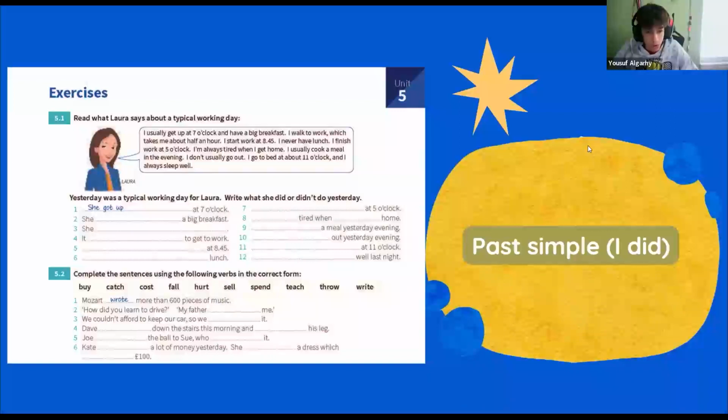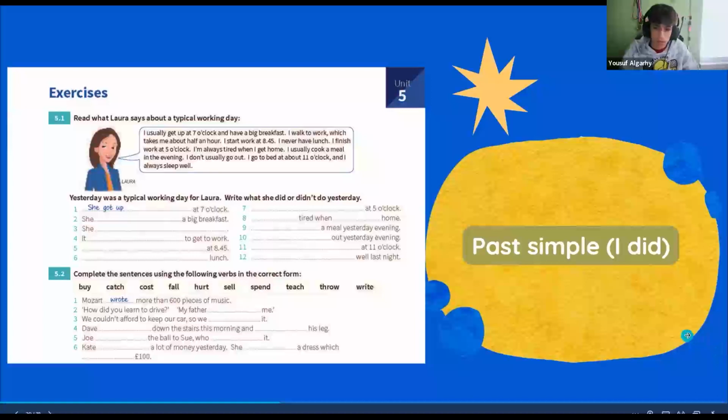Okay, Joe threw the ball to Sue, who caught it. Good. And number six, Kate blank a lot of money yesterday. She blank a dress which blank $100. It would be Kate spent a lot of money yesterday. She bought a dress which costed $100 or which costs $100, whichever one. All right.